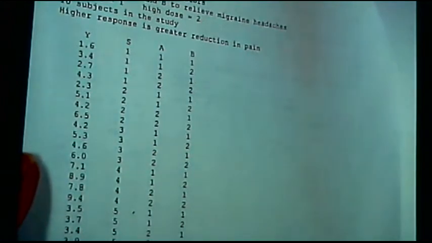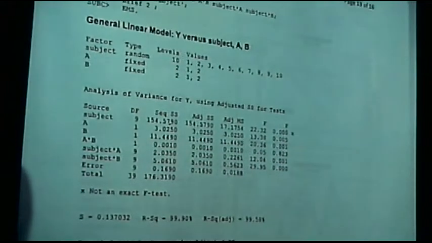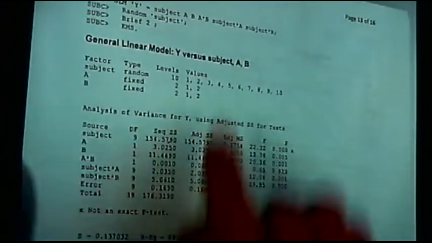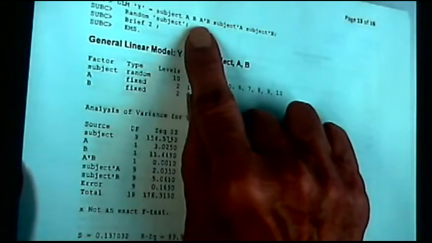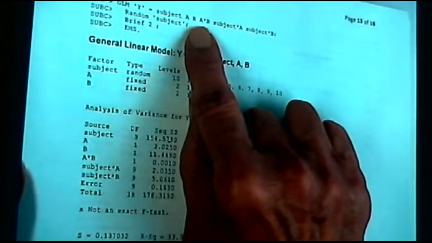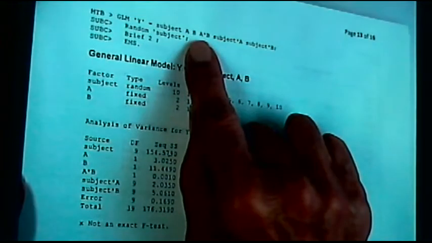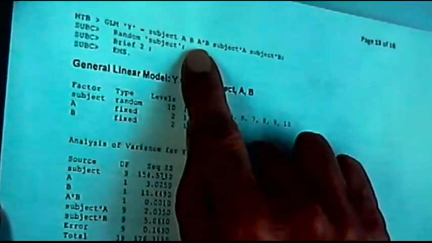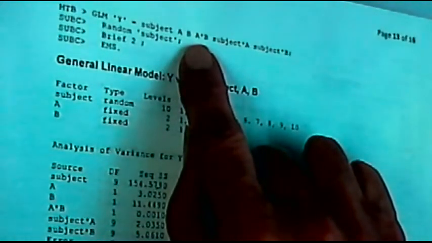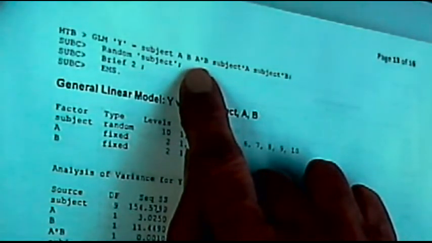So again, we have two factors, A and B, and we have repeated measurements on these subjects. Now, when we look at the model equation here, on the top of page 13, you don't see that nesting here anymore. And that's the big deal and the point that I wanted to try to make here.